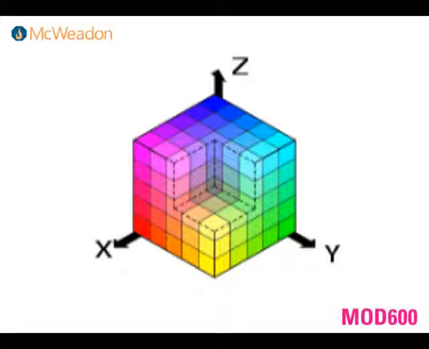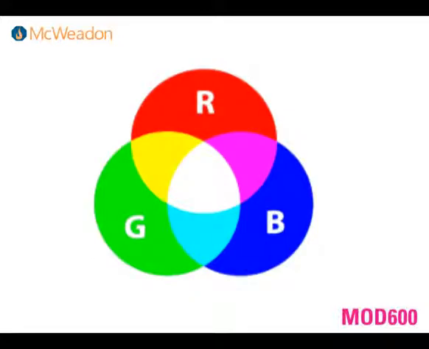Starting with RGB. RGB stands for red, green, and blue, and talks about the additive color model, which has to do with using those three primary colors to simulate the types of the human eye's color receptors, mixing these lights.